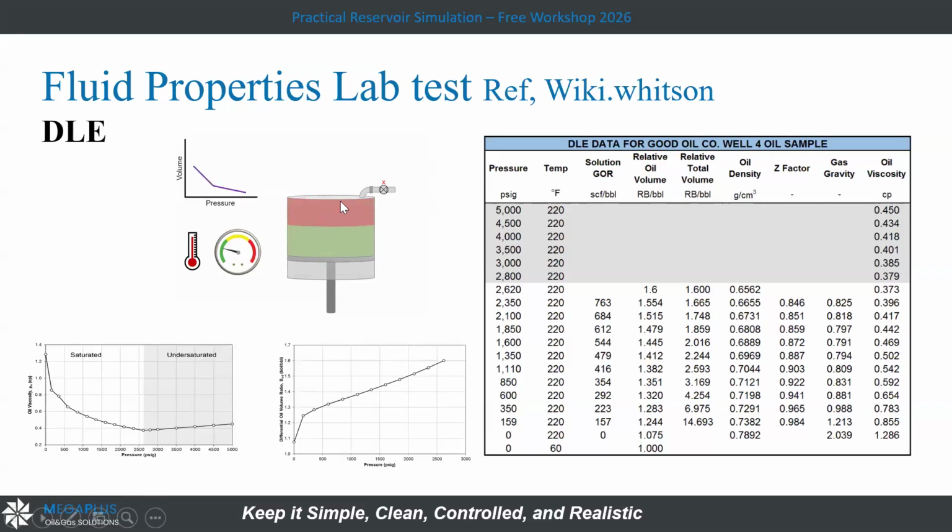We will produce the gas, it will come out, and from this differential liberation expansion we can get the GOR and measure the Z factor and analyze the fluid that we have. It's like a simulation where we mimic the behavior of the reservoir production.